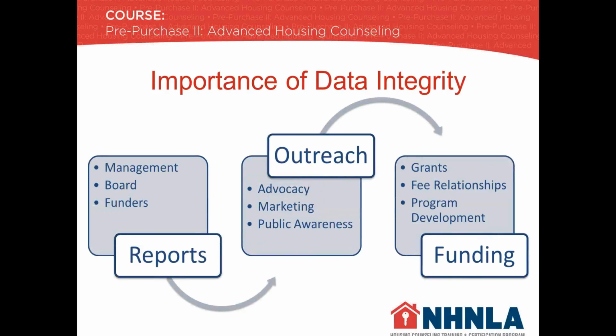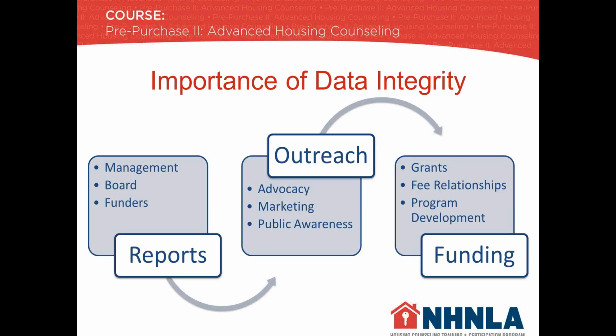Well, you've all heard, junk in, junk out. So you've got to make sure that you've got accurate information going into the system. Because guess what? All that information feeds into all of the work that the agency does. So you're going to be using that documentation and that client management system to file reports with management, with your board, with the funders.